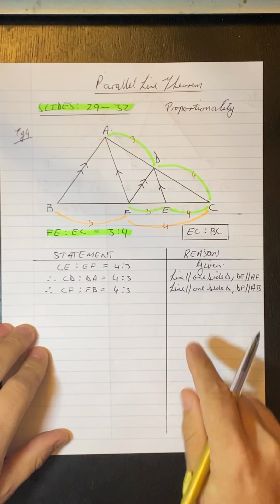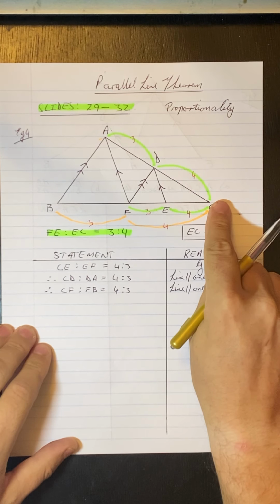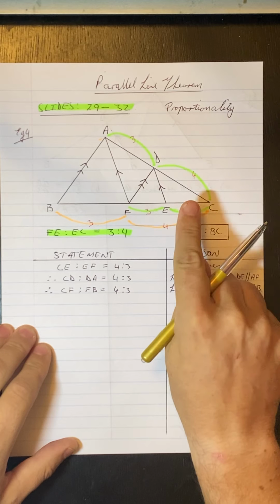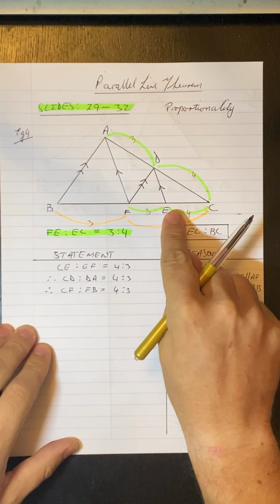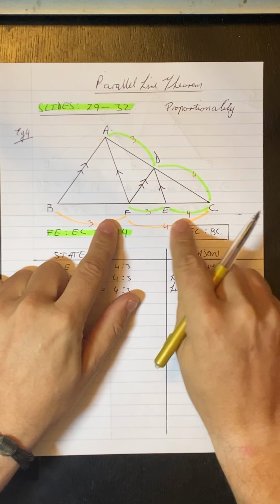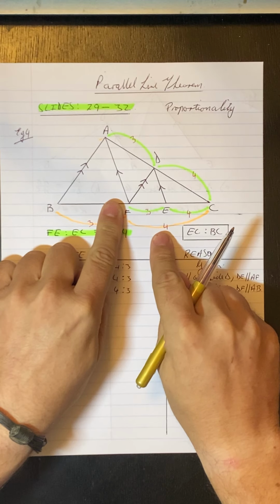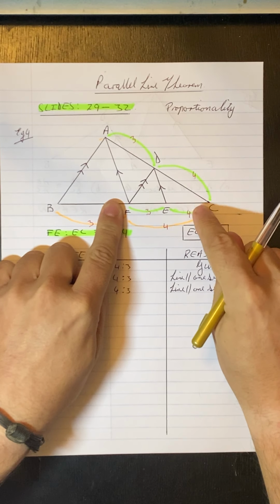So what I'm going to say here is I know that CE to CF in terms of the green, okay? So CE to CF. And why am I saying CF? Because I know CF in terms of the orange, and I want to get the CE on its own.